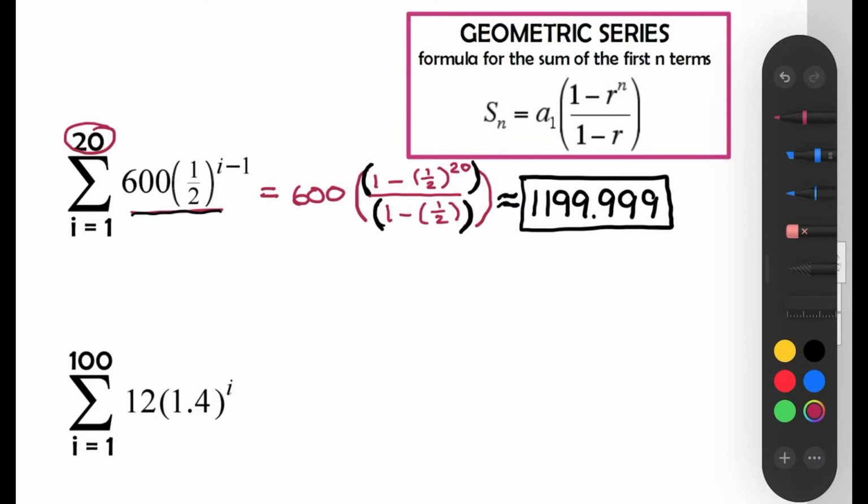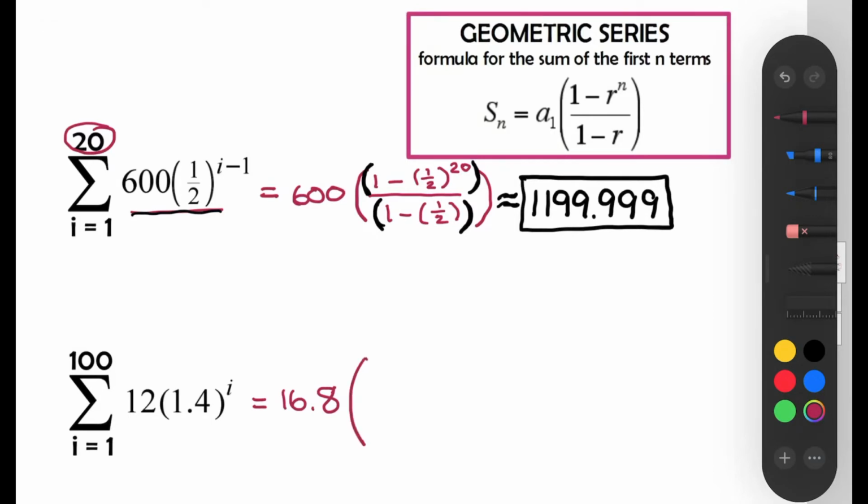And this next one, working just very much the same way. I can tell it's a geometric sequence because it's an exponential formula. And I'm adding the first through the 100th terms. That's a lot of terms. So I'm glad we have a shortcut. The very first term is where we would plug in a 1 for the i. 12 times 1.4 to the 1 is 16.8.